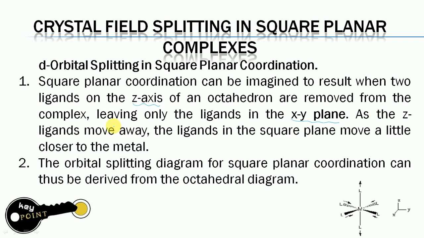As the z ligands move away, the ligands in the square plane move a little closer to the central metal ion. The orbital splitting diagram for square planar complexes can thus be derived from the octahedral splitting diagram.